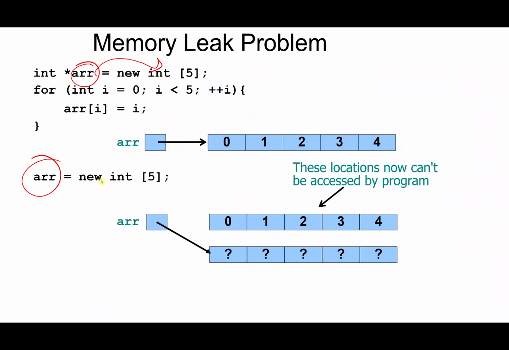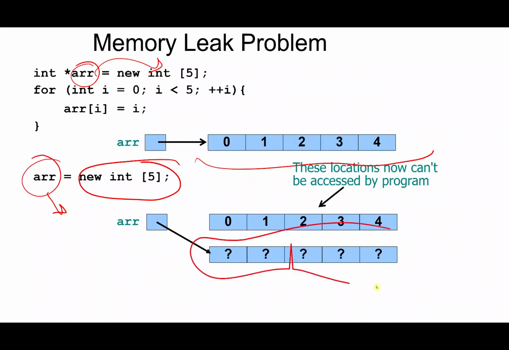Those are totally new 5 elements. I did not give those back to the operating system, and I use the pointer to point to another 5 locations. So that means the operating system still thinks that I'm using those while actually I don't have access to them.